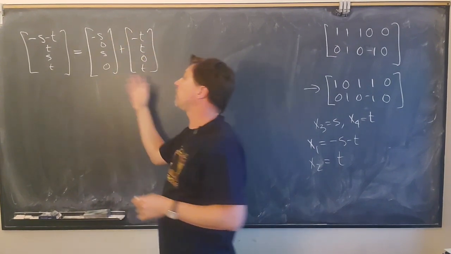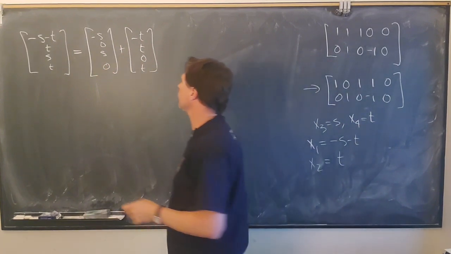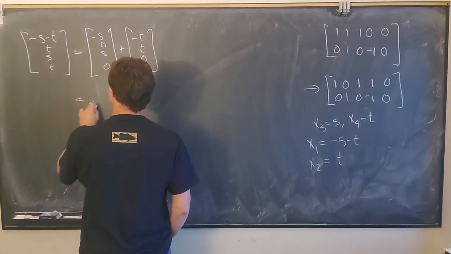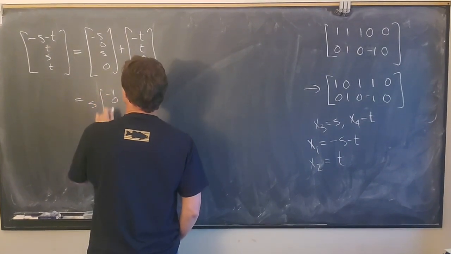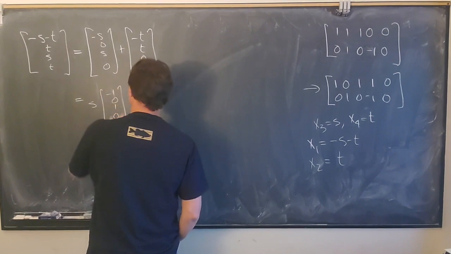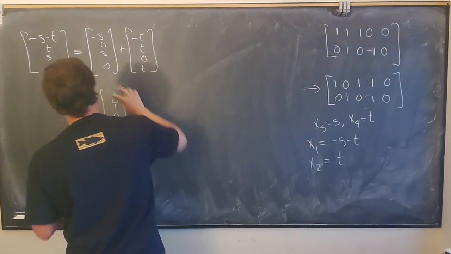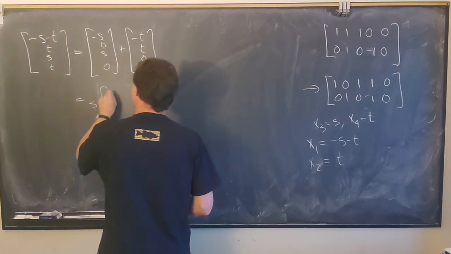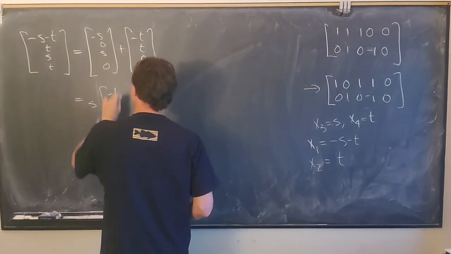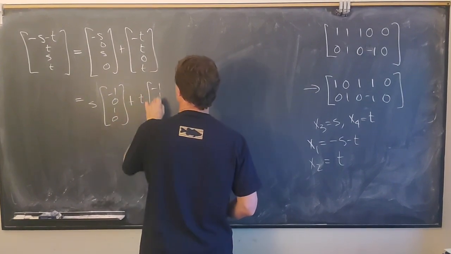I split it into two vectors, the stuff involving the s and the stuff involving the t. This is equal to s times negative 1, 0, 1, 0 plus t times minus 1, 1, 0, 1.